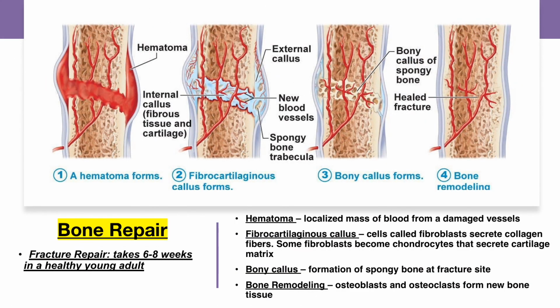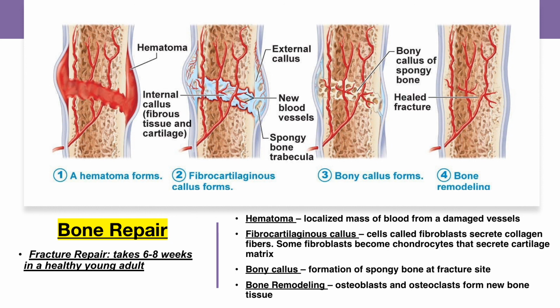Now that we've talked about fractures, we're going to talk about the healing process involved, termed bone repair, okay? So after a bone is fractured, it goes through repair, and this takes about 6 to 8 weeks in a healthy young adult. Now, the first phase of bone repair is that of a hematoma, which is a localized mass of blood from a damaged vessel, all right? So the hematoma serves as a brace, coagulating or clotting the damaged site.